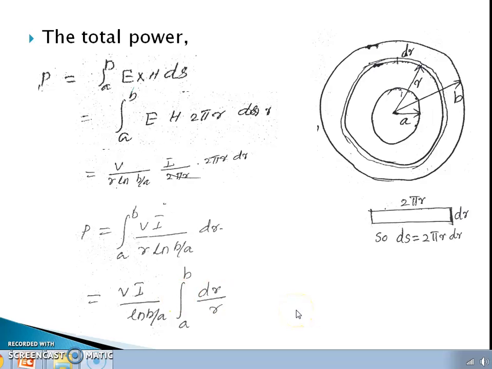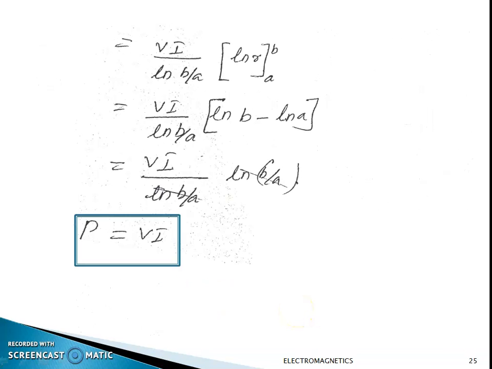So after integrating this, we get Vi divided by ln b by a times ln r, because the integral a to b dr divided by r becomes ln r, natural logarithm r. Then the limit is a to b. Then apply the limits, Vi divided by ln b by a.